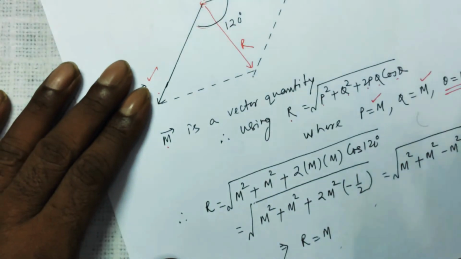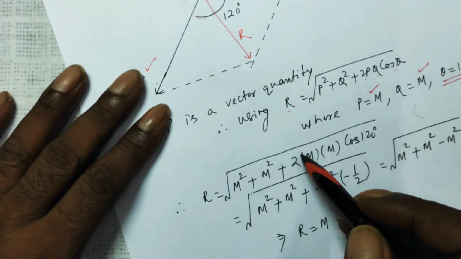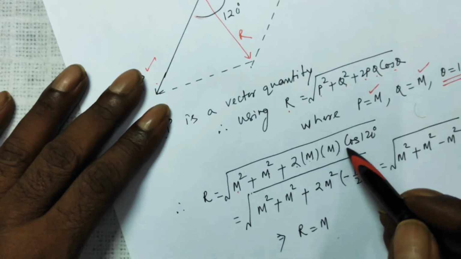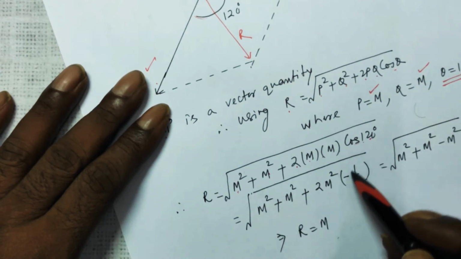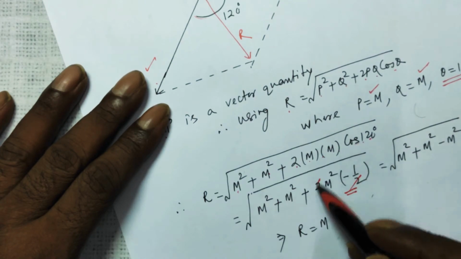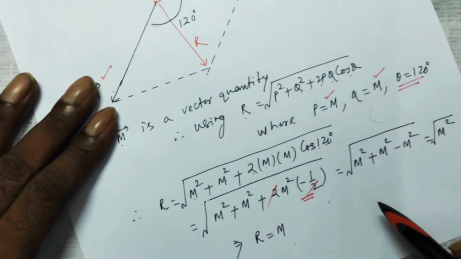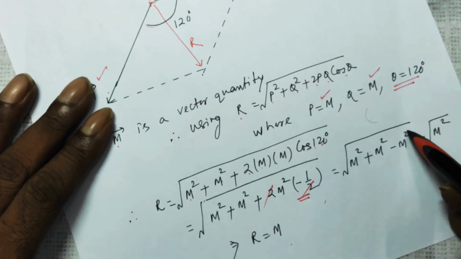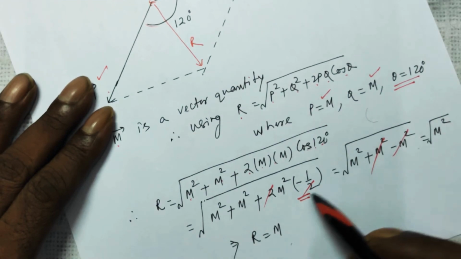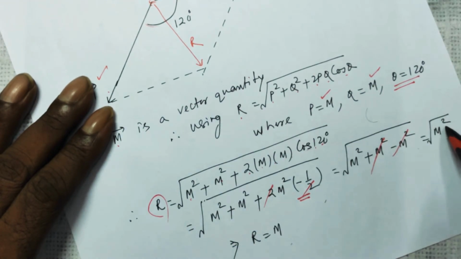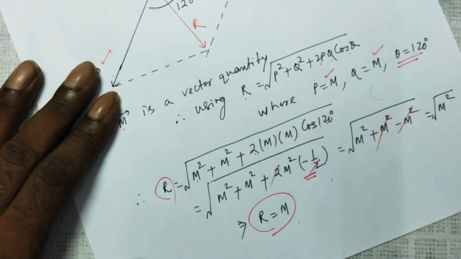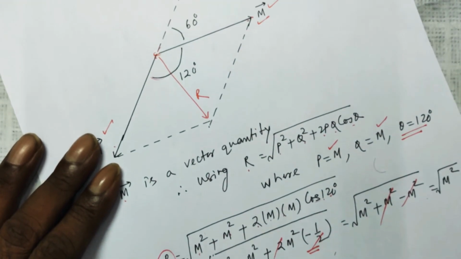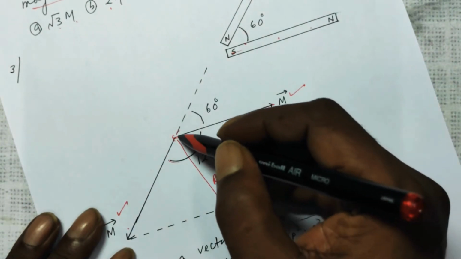So your resultant becomes the square root of M square plus M square plus 2MM cos 120. Cos 120 is minus 1 by 2. These two cancel. So I'm left with M square plus M square minus M square. This cancels. So your R is equal to square root of M square, that is equal to M. So the resultant magnetic moment, the net magnetic moment, is to this side.